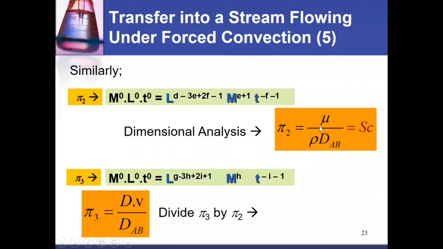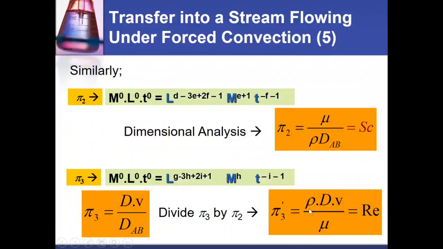So you divide pi3 by pi2, you get rho times D times V over mu. What is this number? Reynolds number. So we are looking for common numbers that will help us. We can still use this, but it's better to have a common number that is known.